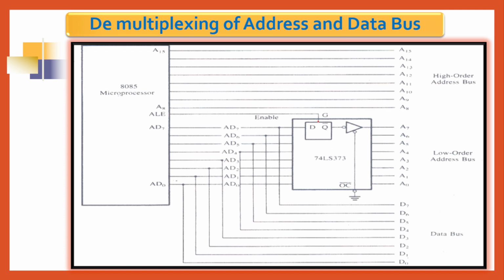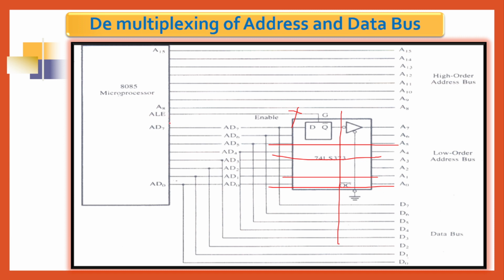Whenever this signal is enabled, the input is connected to the output. That's the meaning of latch. Suppose we remove this enable, then the input is disconnected, so it will maintain the previous output continuously until you enable the device again. That's the meaning of this latch.